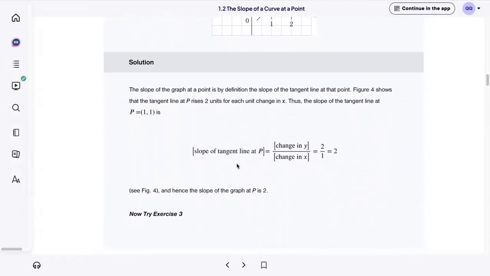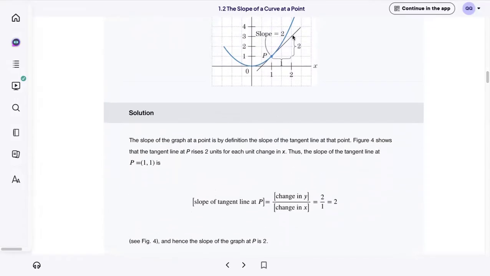So the slope of any line equals the change in y. Remember the difference given 2 points, right? Any 2 points on the line, we find the difference in y value divided by the difference in x value.